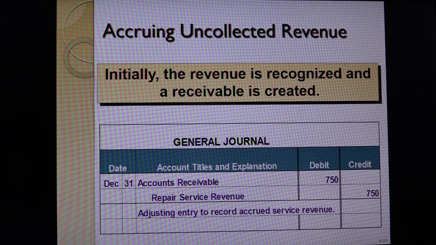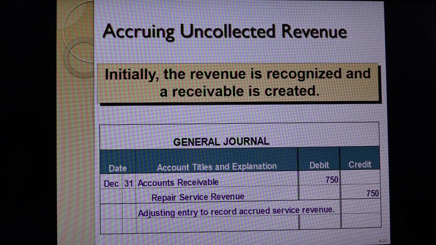Accounts receivable, normally they'd have, you know, who that's with. That's why you have these sub-ledger accounts. So the ledger account would be accounts receivable, and then there would be a sub-ledger account. The accounts receivable ledger account would include all receivables, but you'd have sub-ledger accounts for each customer you have.